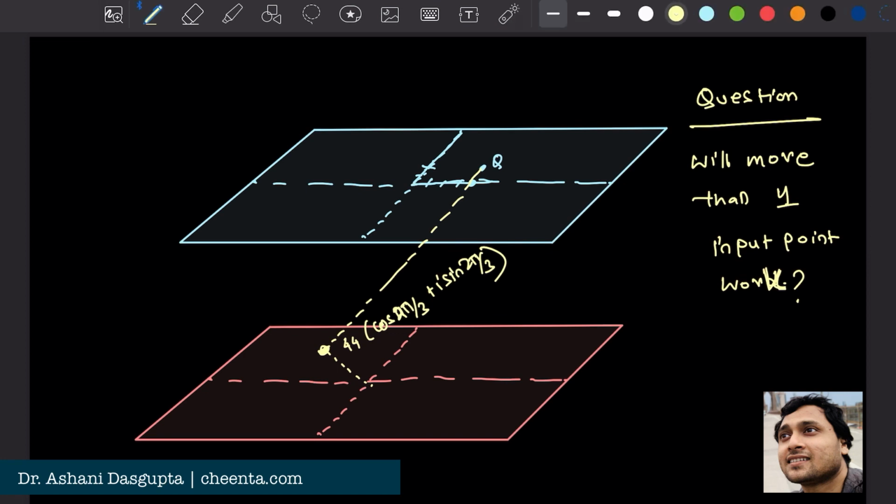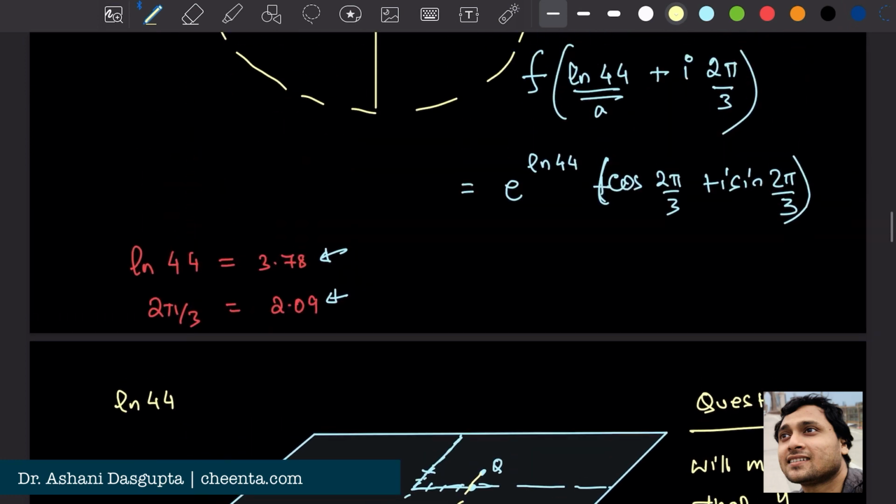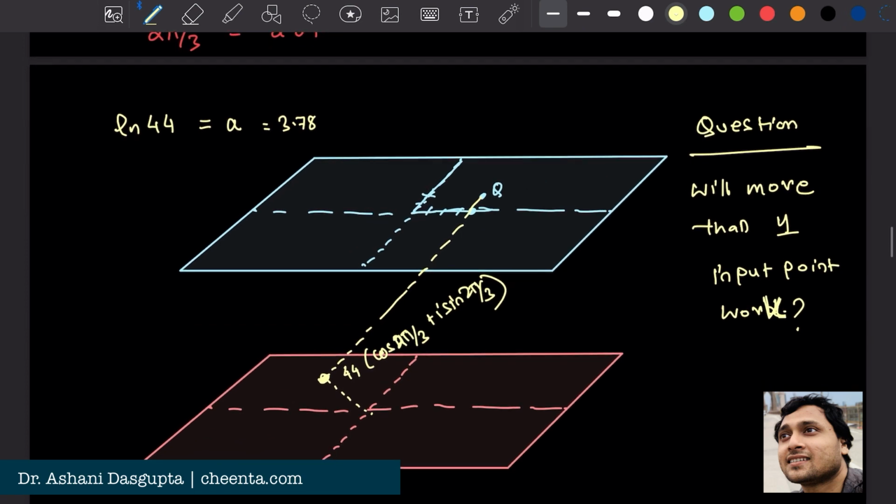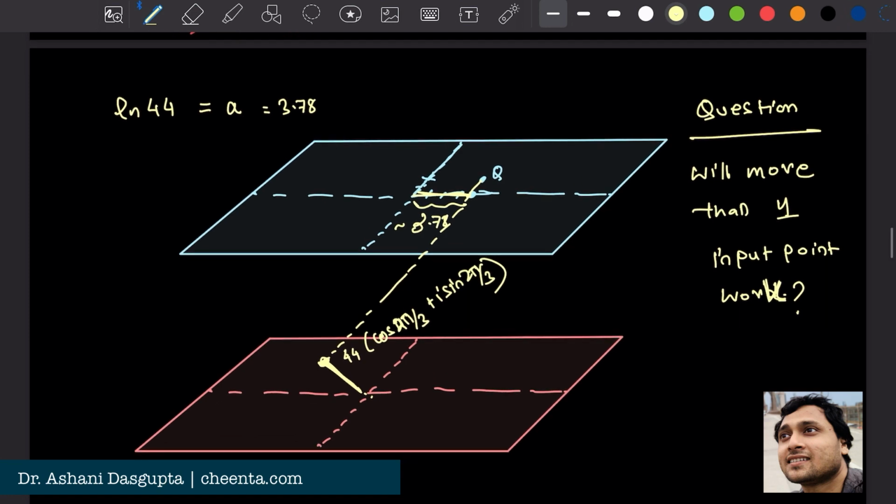Well, we know that we have to keep ln 44 to be the value of A, which is approximately 3.78. So this x coordinate should be 3.78 always, to get this particular length of the radius. But what about the angle? We chose the angle to be 2 pi by 3.